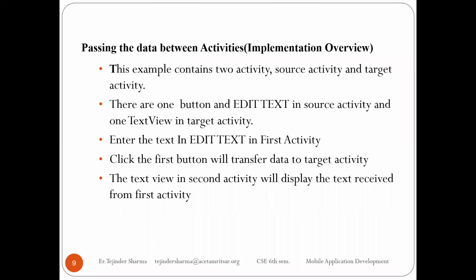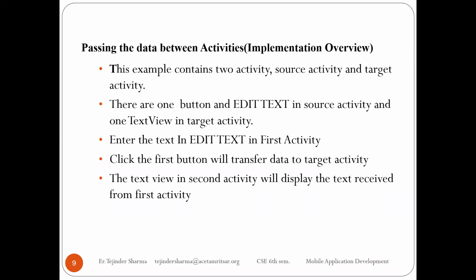So how to do it programmatically? What we will do is make two activities. One will be the source activity, another will be the target activity, and they will belong to the same project. There will be one button and one edit text in the source activity and a text view in the target activity.